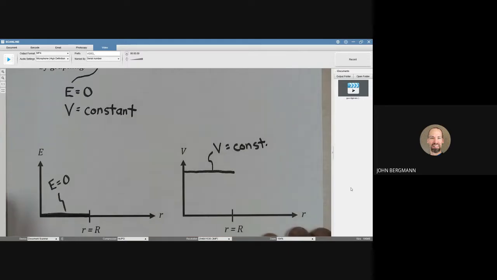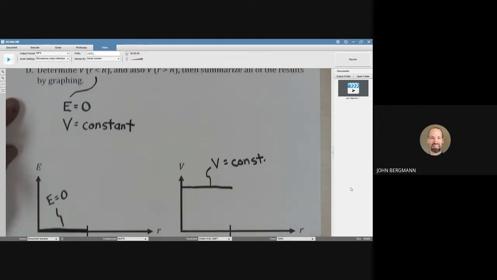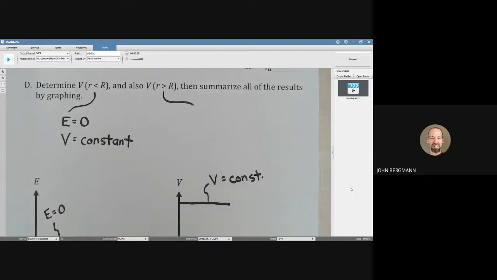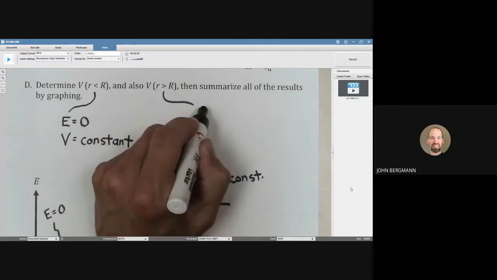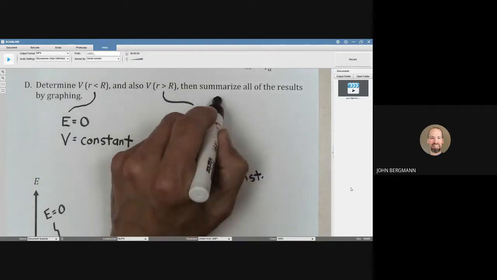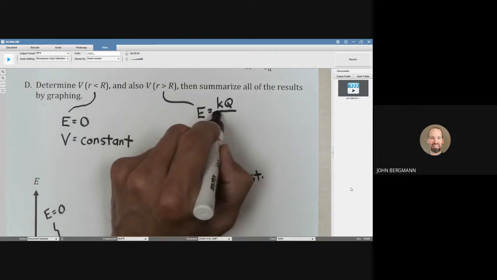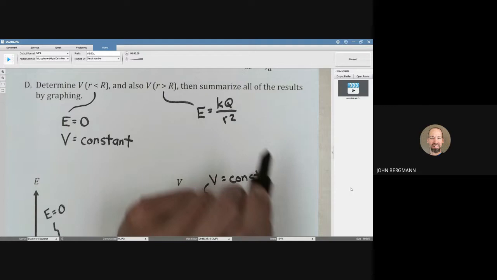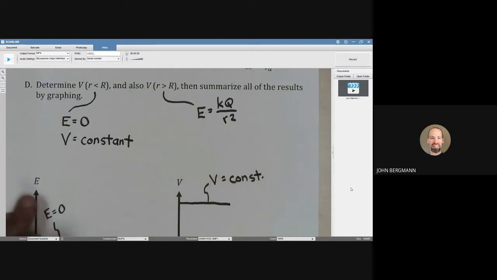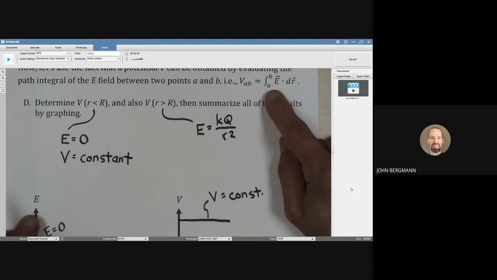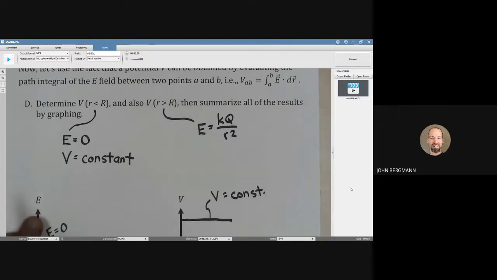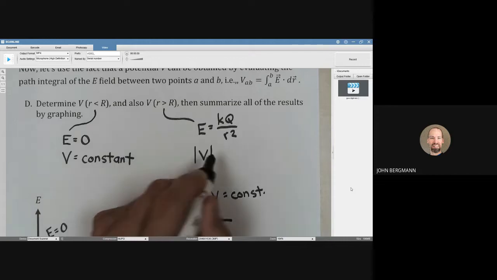So far, so good. What about when we get outside the solid metal object, the cannonball? We established on the previous page that the electric field was kq over r squared. And when we integrate that, here's the equation again in the upper right. When we integrate that, aren't we going to end up with a magnitude of v?